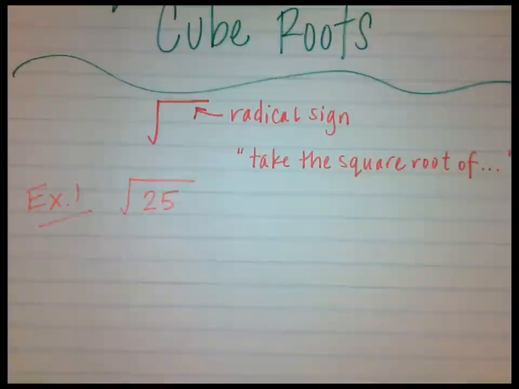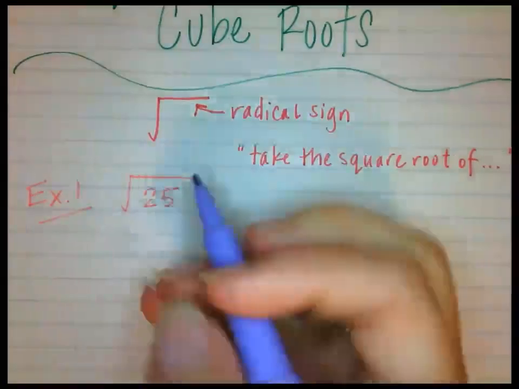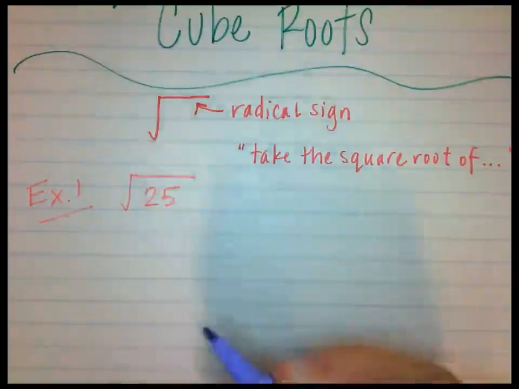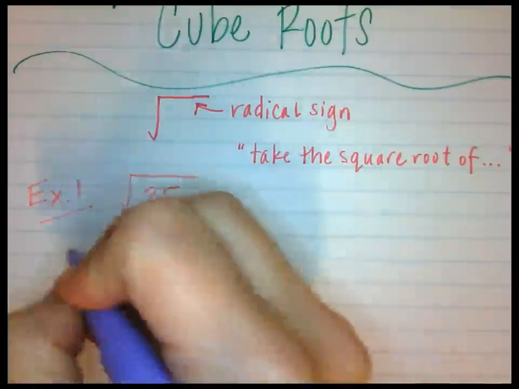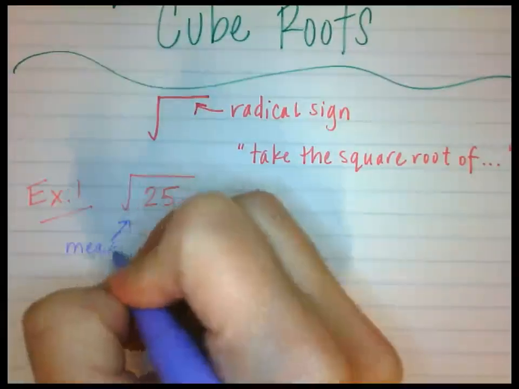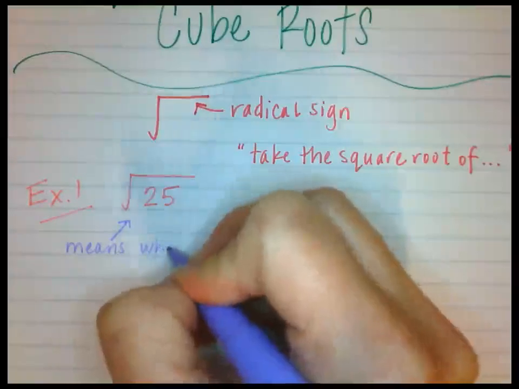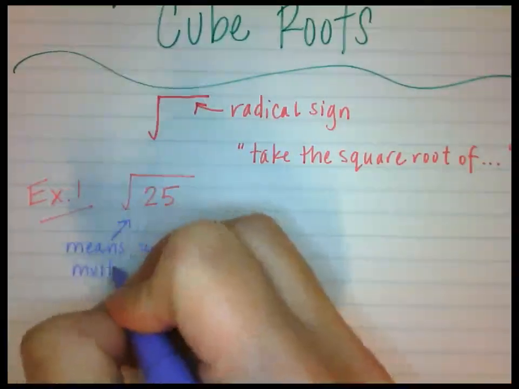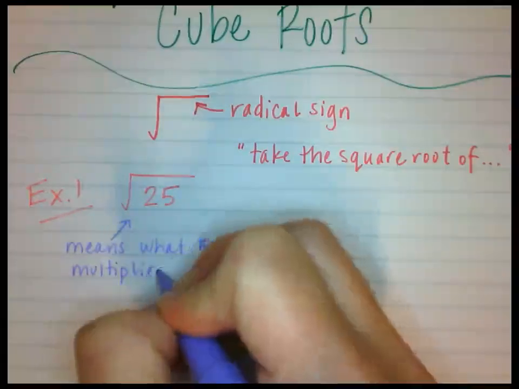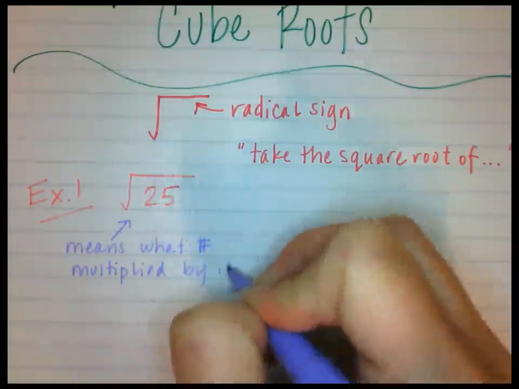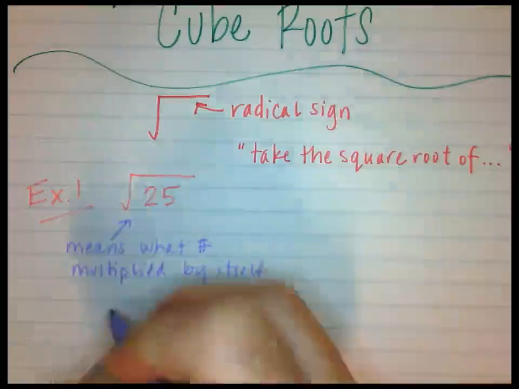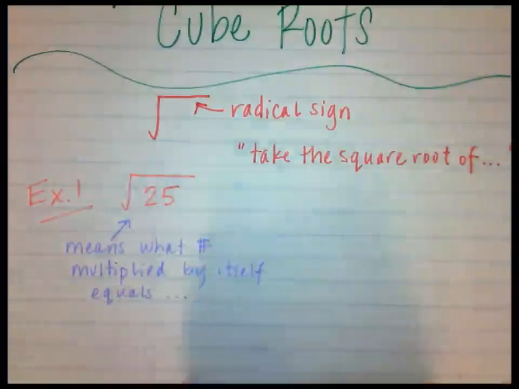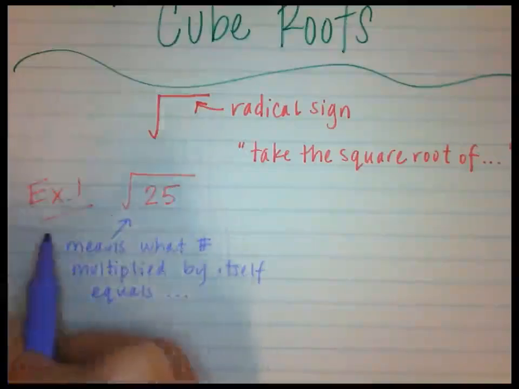So again, this is take the square root of 25. What that means is, what number multiplied by itself equals whatever, in this case 25.